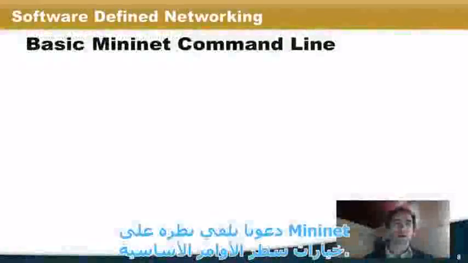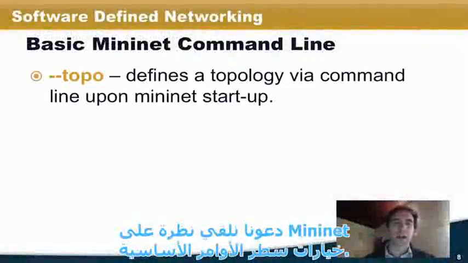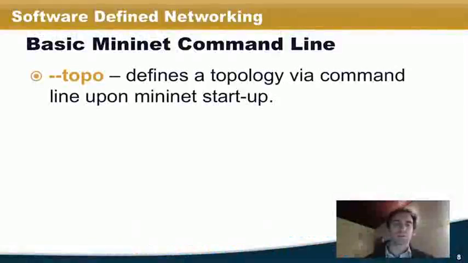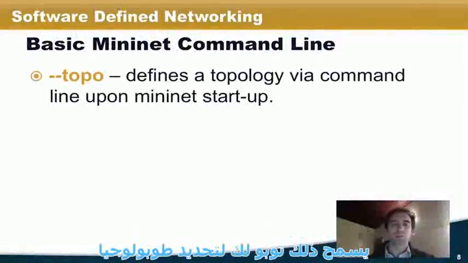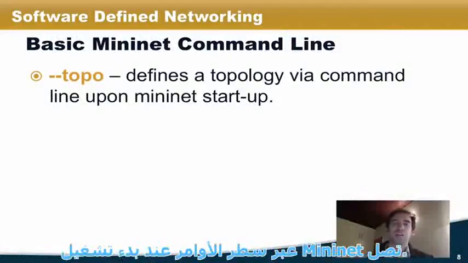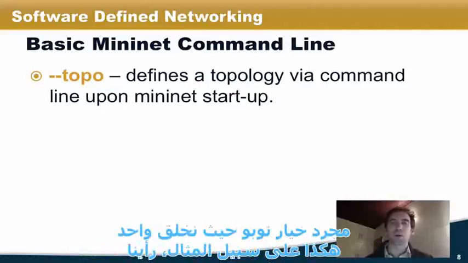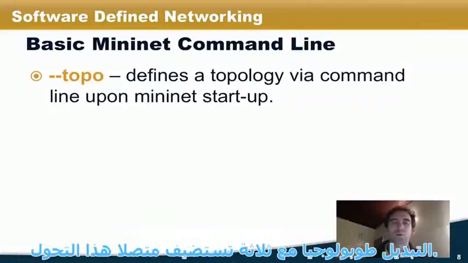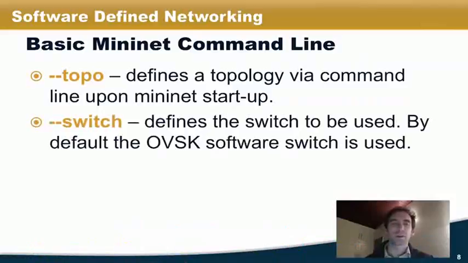Let's take a look at the basic Mininet command line options. So topo allows you to define a topology via the command line when Mininet starts up. So for example, we just saw a topo option where we could create a single switch topology with 3 hosts connected to that switch.